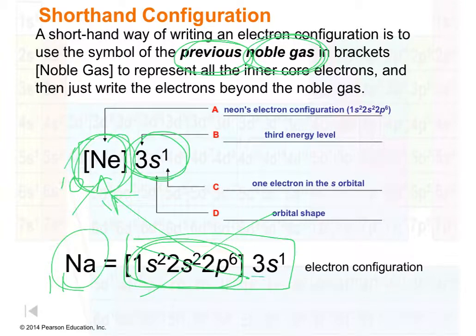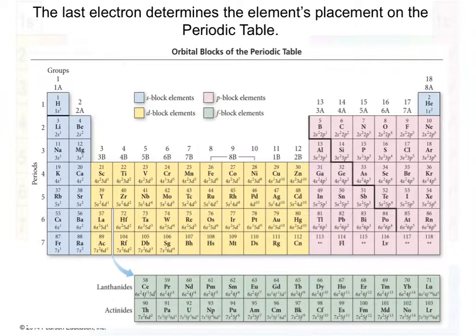In the case of sodium, the only electron outside of that for neon is the 3s1. So here's the shorthand for sodium. So there's a much easier way to determine the shorthand electron configuration without writing out the entire electron configuration for the noble gas. And just a reminder, in case you have gotten rusty, group 8A are the noble gases.